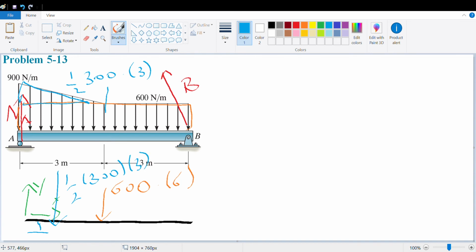And then I have my constraint reaction, so I have Na and B, which is composed of By and Bx.